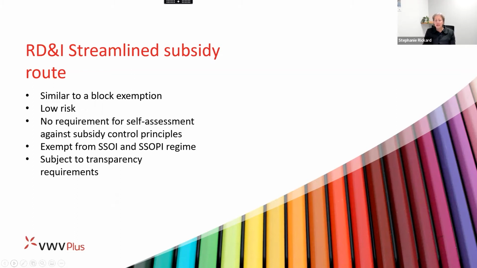Now, the great advantage of using the streamlined route is it's exempt from the higher levels of scrutiny that go with higher value subsidies. However, the disadvantage or the caveat is that if you have a subsidy which benefits from being permitted through the streamlined subsidy route, it is still subject to the transparency requirements, and we'll come on to look at those.